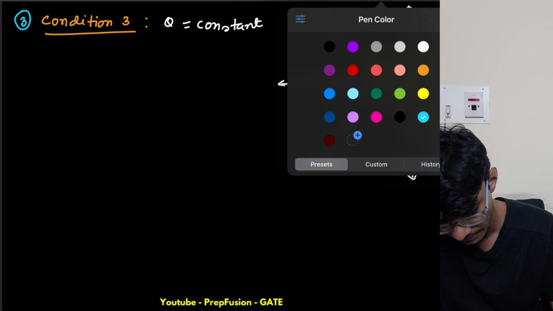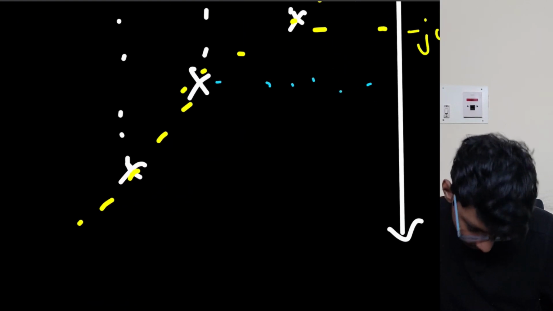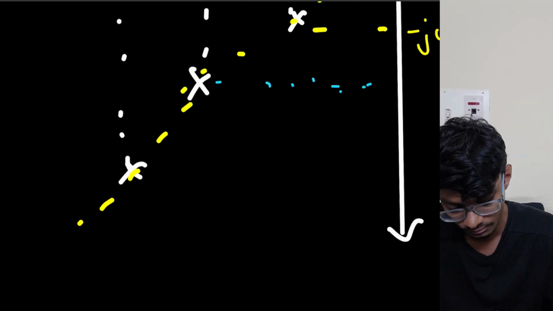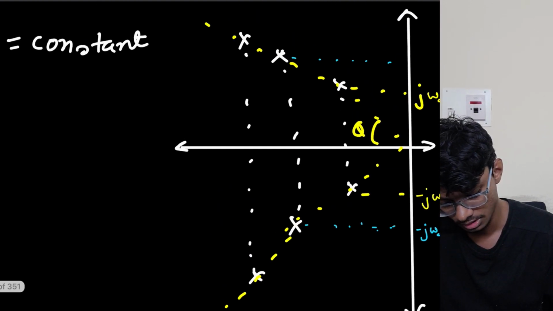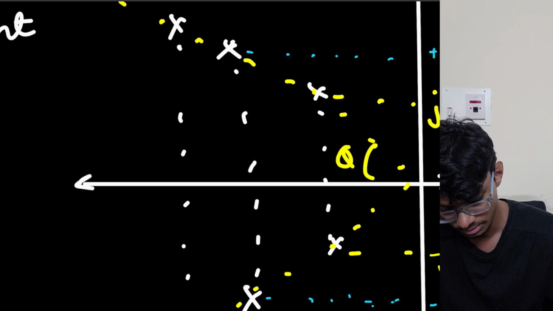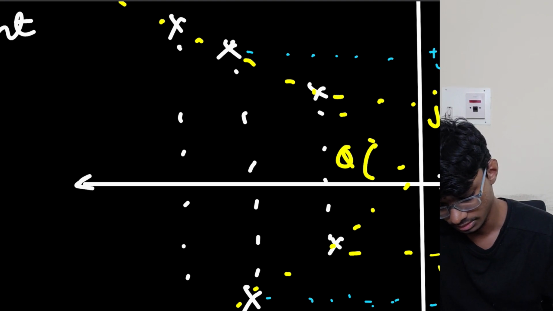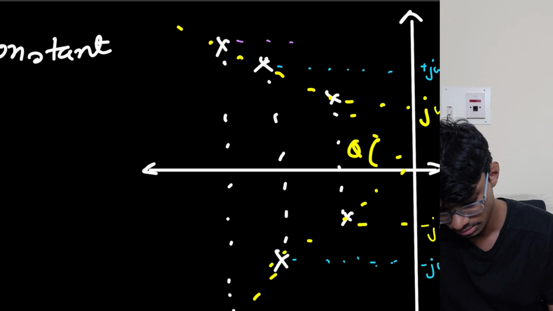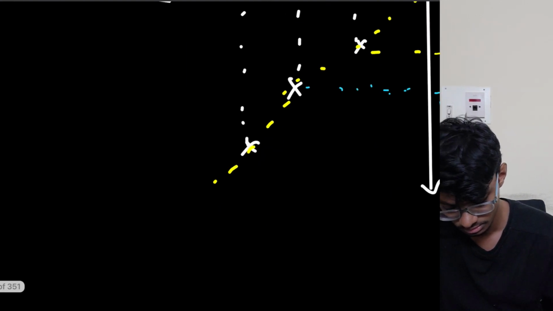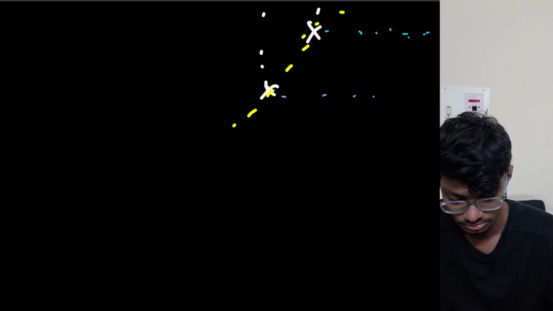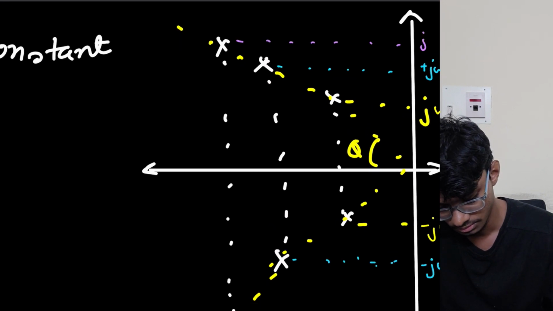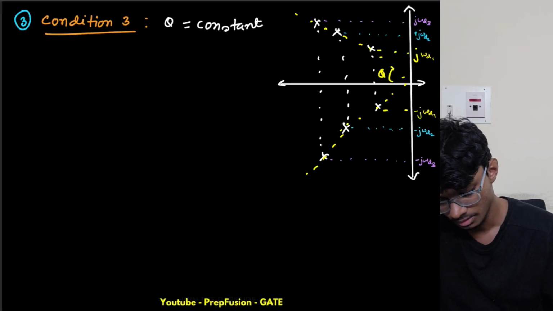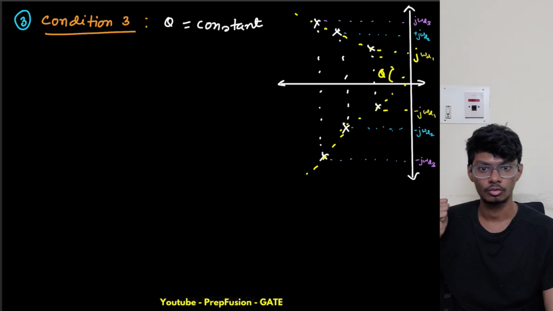This one is minus j omega d2, and this is plus j omega d2. And this is minus j omega d3, and this is plus j omega d3. So these are basically my pole locations.